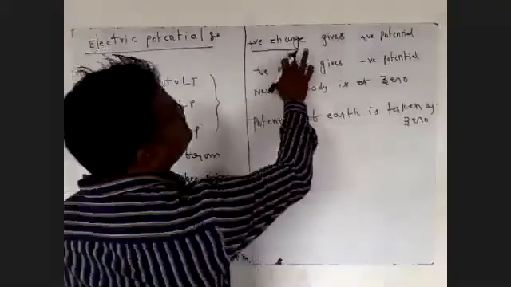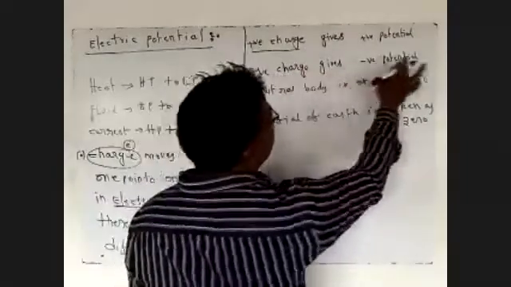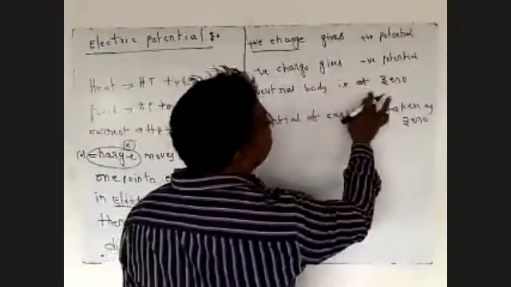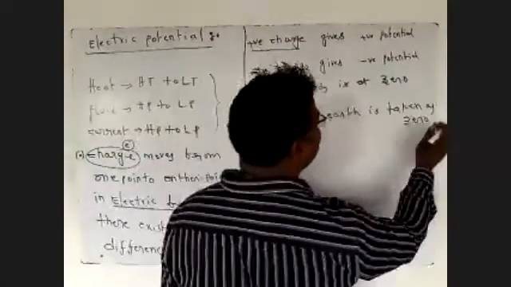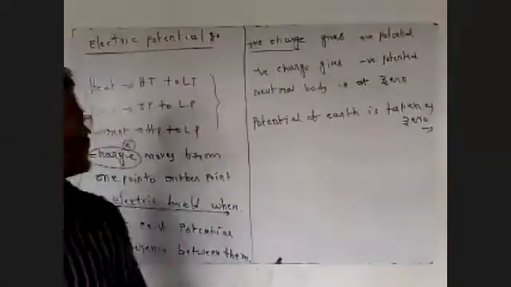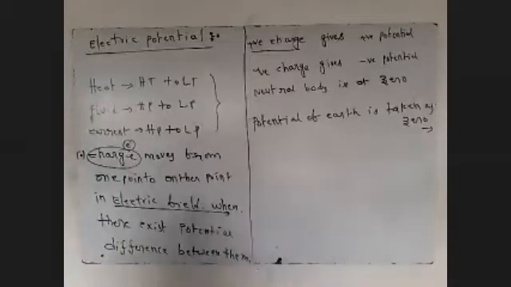Positive charge gives positive potential, negative charge gives negative potential, a neutral body is at 0. The potential of the Earth is taken as 0. That is one point.